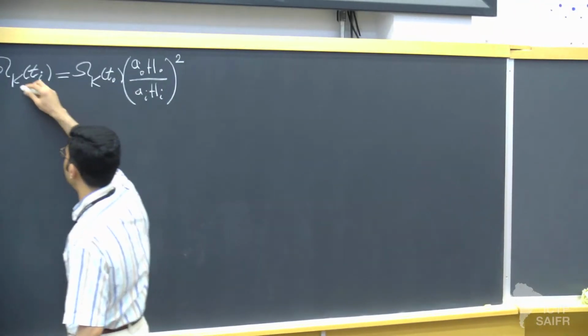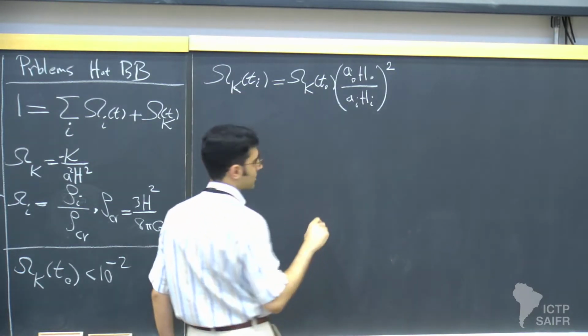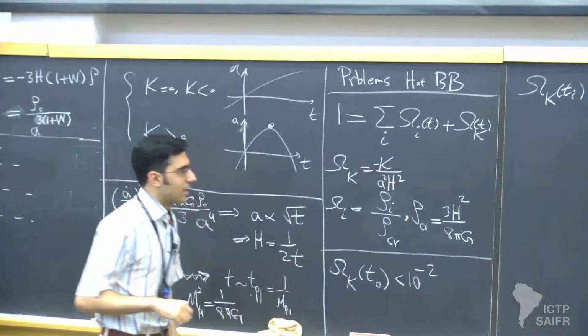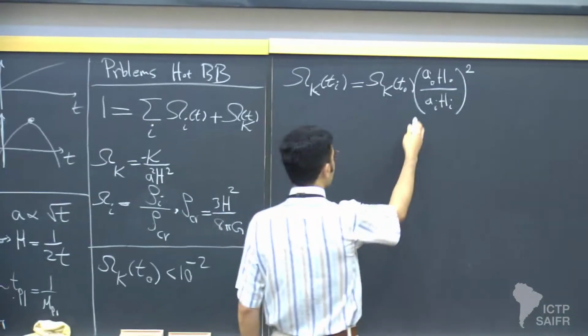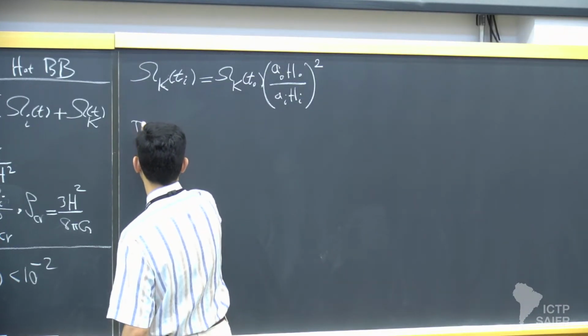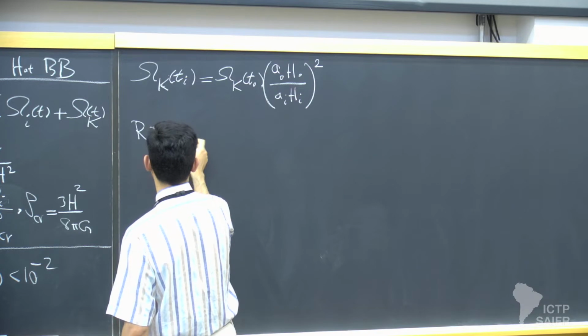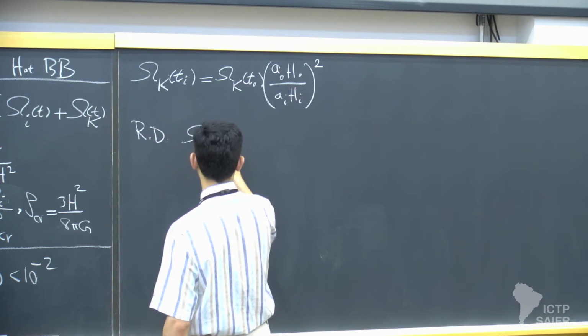Doing it more precisely doesn't really solve the problem. The problem, as you see, is so big that it cannot be solved by just this little change. So if I do it in radiation domination, I get Omega_k, and for t_i, I want to put t Planck.